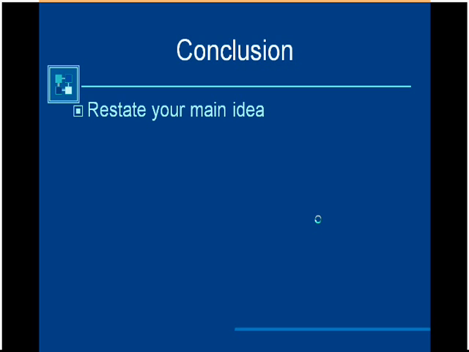So remember you talked about your main idea at the beginning in the introduction. And now in the conclusion, you have to restate it, to say it again. Okay, remember when we said begin where you ended and end wherever you began. Okay, so it's the same. Or say it once, say why, and then say it again.